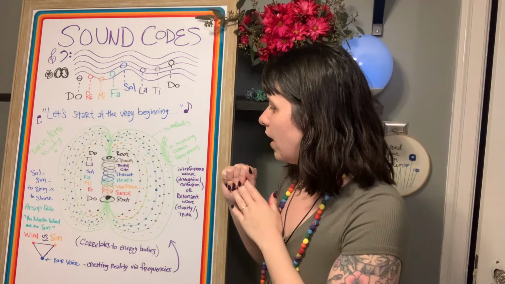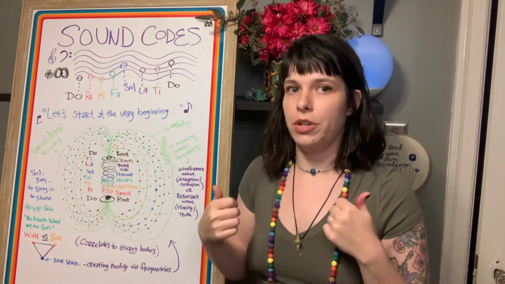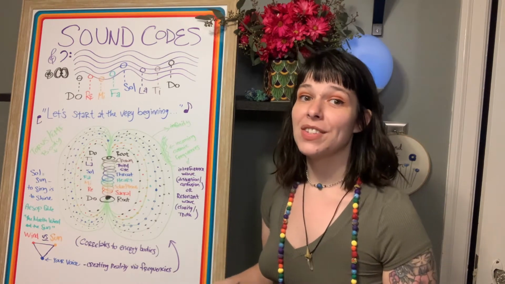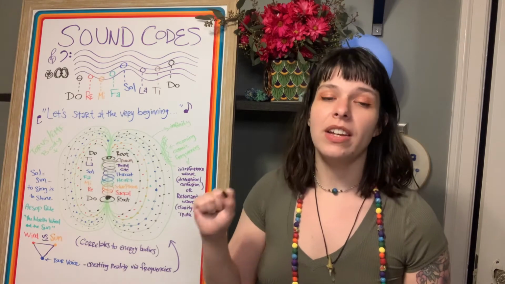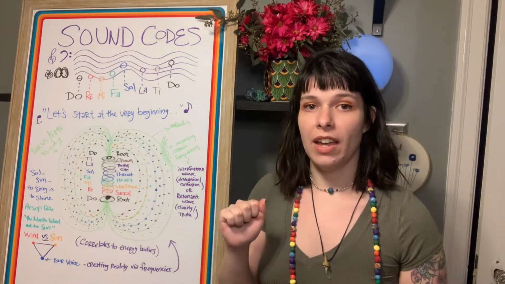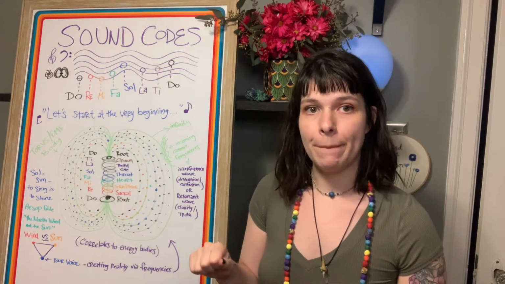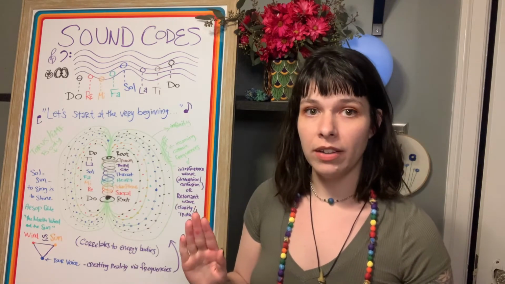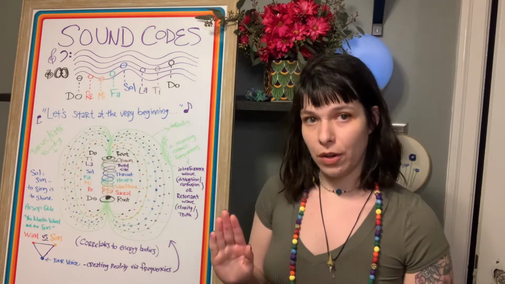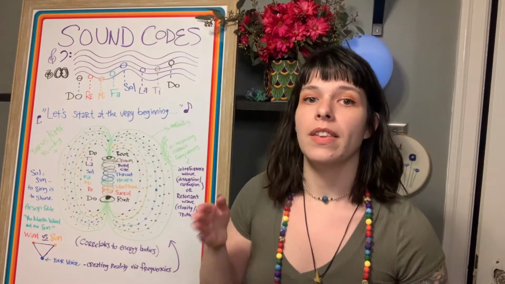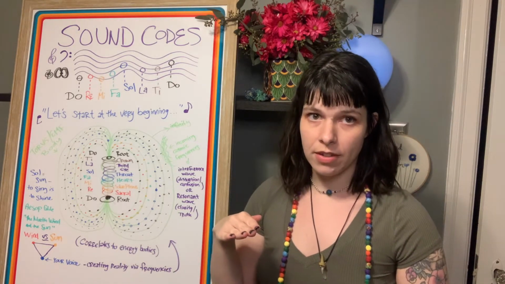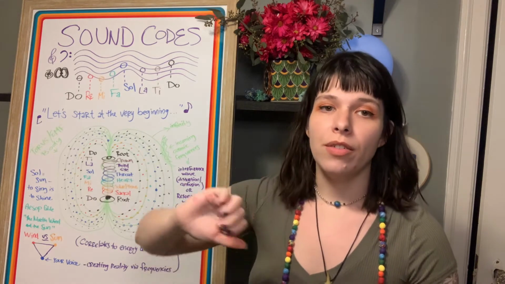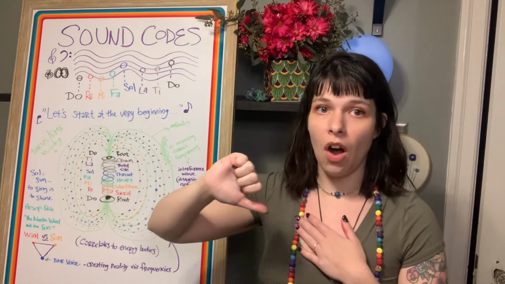And then let's move up the energy body. Okay, so let's start at the bottom and work our way up. So the bottom, like I said, is Do, and it is the root chakra. Then we have Re, which is the sacral chakra. And then we have Mi, which is the solar plexus. And Fa, which is the heart.